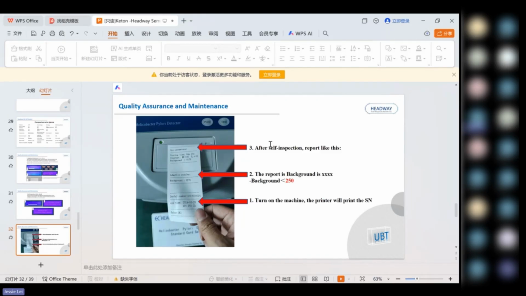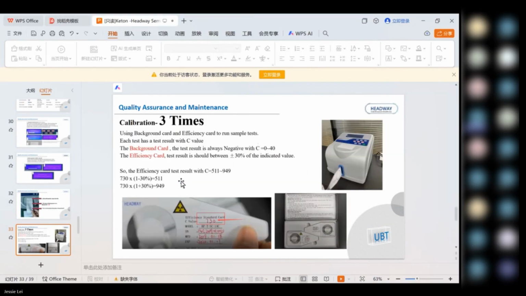So after finishing both procedures, our machine will give 2 reports. We can see the report has a background count. It helps us to judge if our machine is working in order. If the background count is less than 250, it means that our machine is working properly.